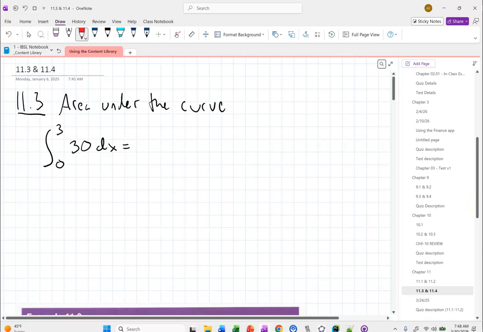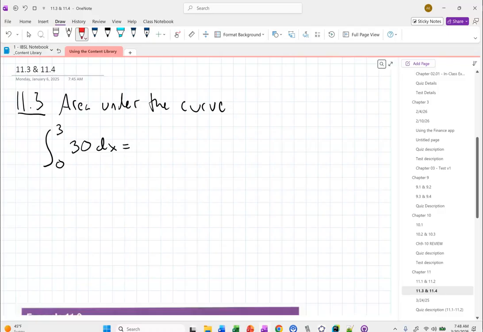So in chapter 11, in 11.1 and 11.2, we talked about indefinite and definite integrals. So let's just start with a little review problem here. If I want to do the integral from 0 to 3 of 30 dx, notice this is a definite integral.